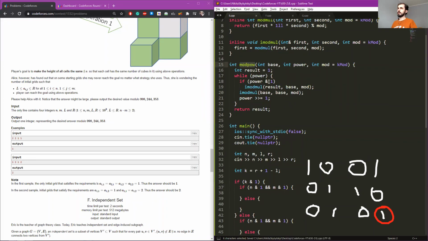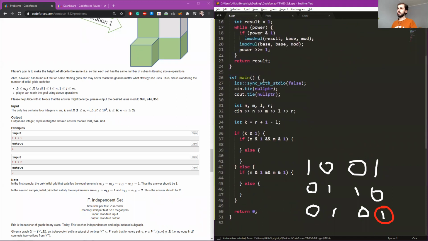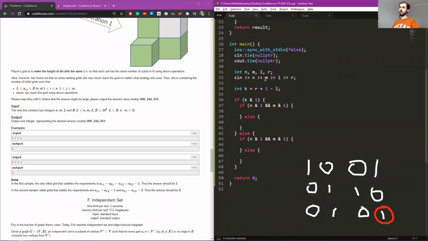We'll need this for k to the power of that. Yes. Okay. If n times m is odd, so if both of them are odd, then any grid will work, right?